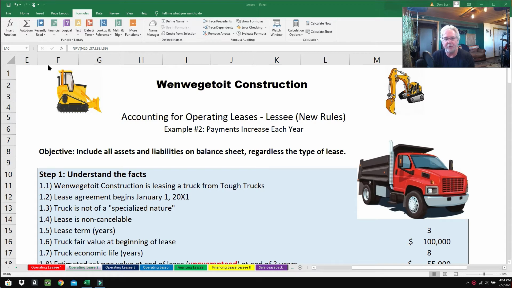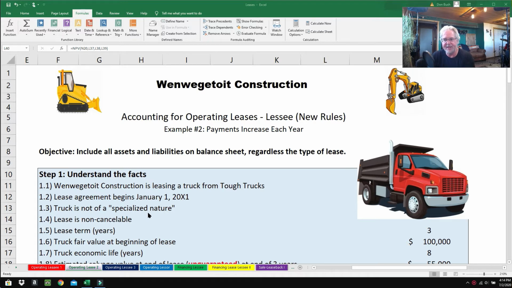When We Get To A Construction is going to lease a big, giant dump truck. Beautiful dump truck here. When We Get To A Construction is leasing a truck from Tough Trucks. 1.2, the lease agreement begins on January 1st, 2001. And 1.3, the truck is not of a specialized nature.